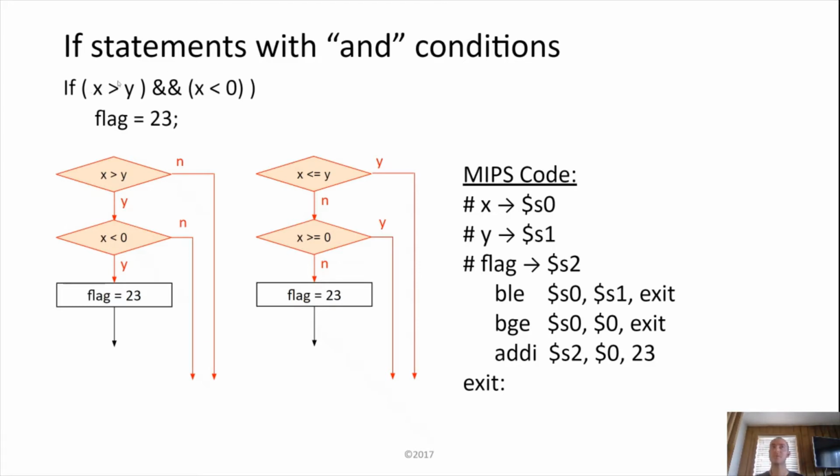For a series of AND statements to be true, all the conditions should be true. So if you have A and B and C, and let's say these are different conditions or statements, for this whole statement to be true, you need A to be true and B to be true and C to be true.